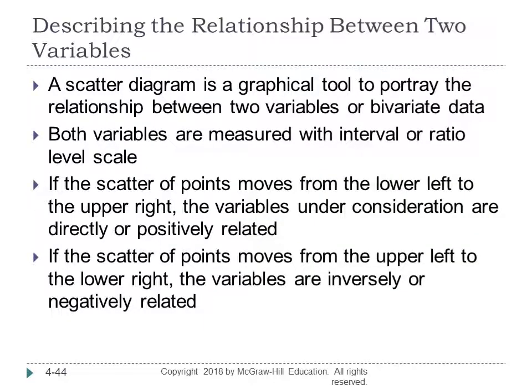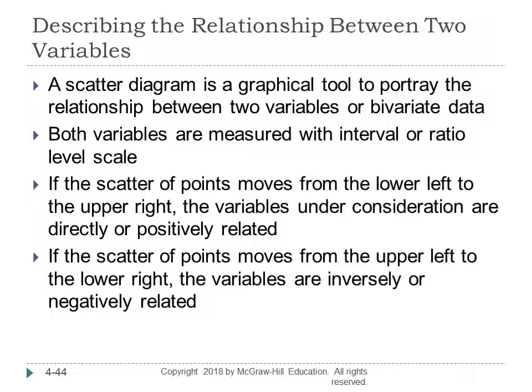We do have one more diagram to look at. I forgot about the scatter diagram or scatter plot. This is used to describe the relationship between two variables. A scatter diagram is a graphical tool to portray the relationship between two variables, or bivariate data.